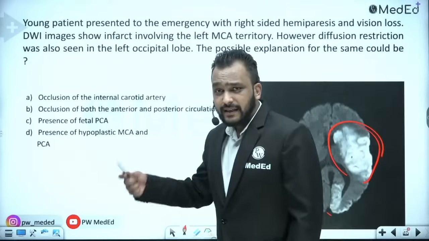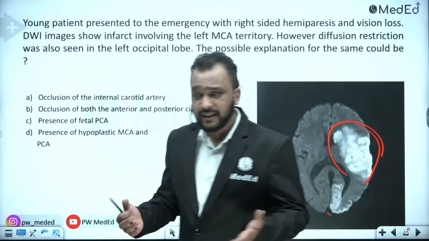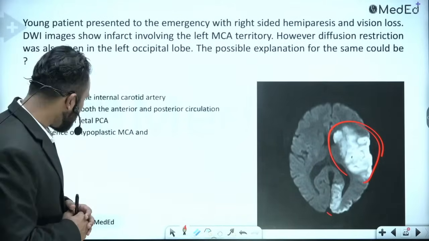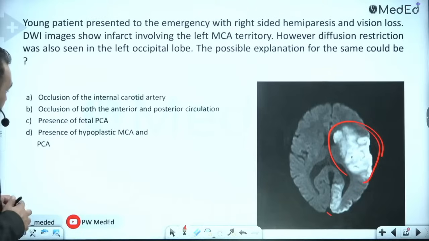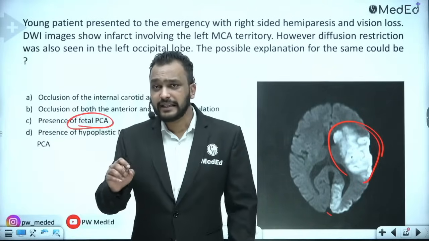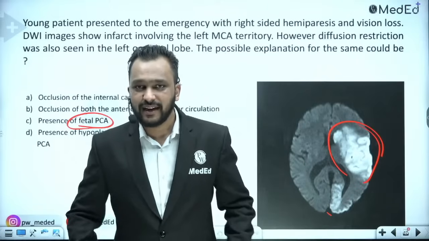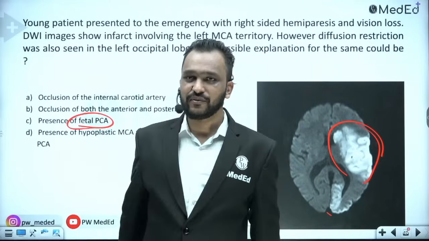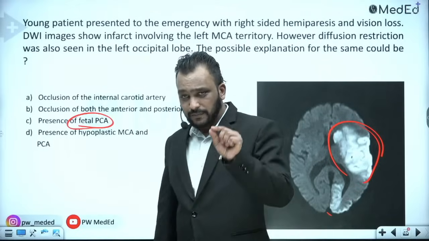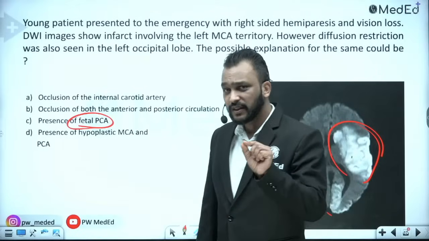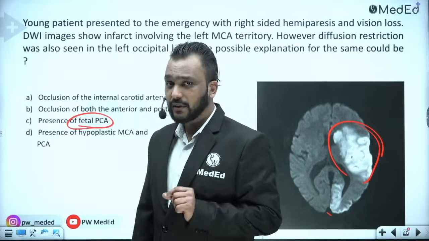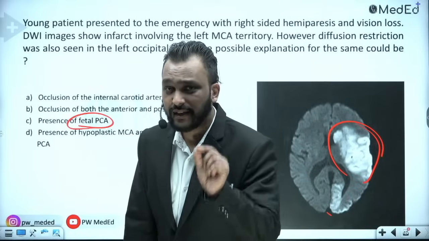Occlusion of both anterior and posterior circulation is a very rare thing, right? So what is the answer? Fetal PCA. Normally your posterior cerebral artery and basilar artery arise from the vertebral artery, which arises from the subclavian artery. But in some cases you will see that this posterior cerebral artery arises from the internal carotid artery. Just listen to me very carefully.